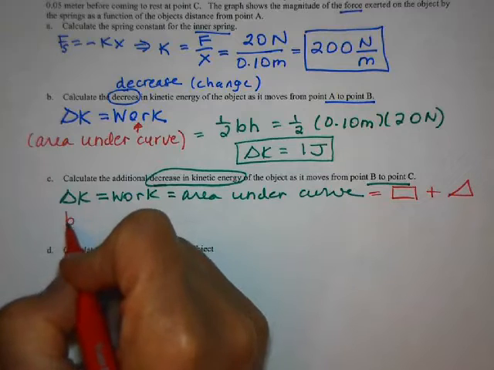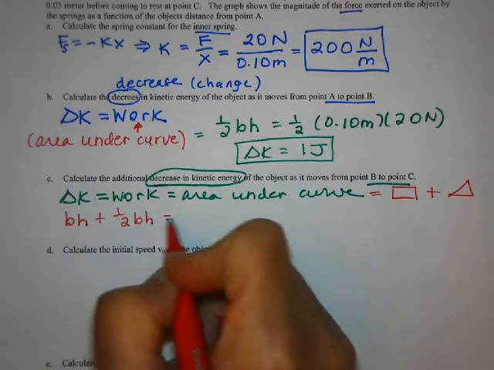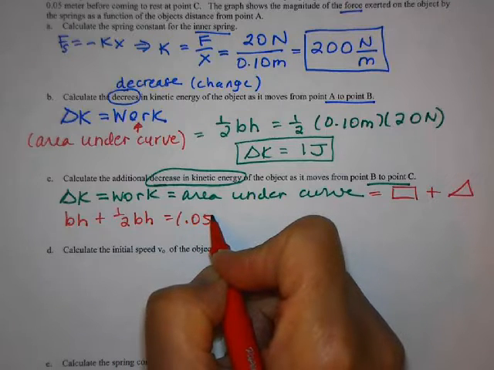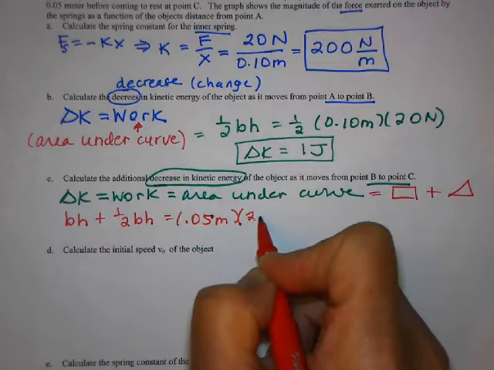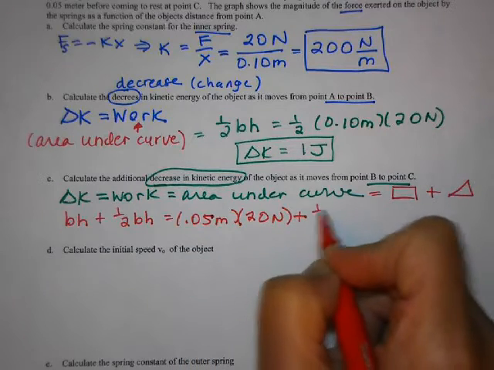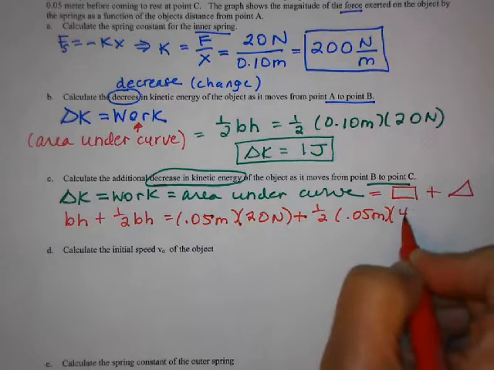I'm going to say base times height plus 1/2 base times height. So it's going to be 0.05 meters times 20 newtons plus 1/2 of 0.05 times 40.